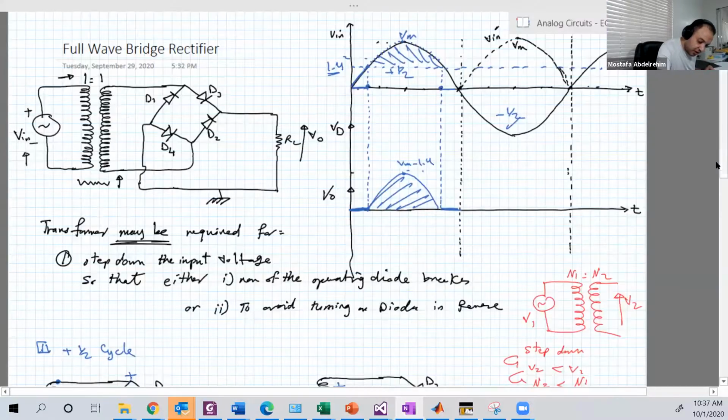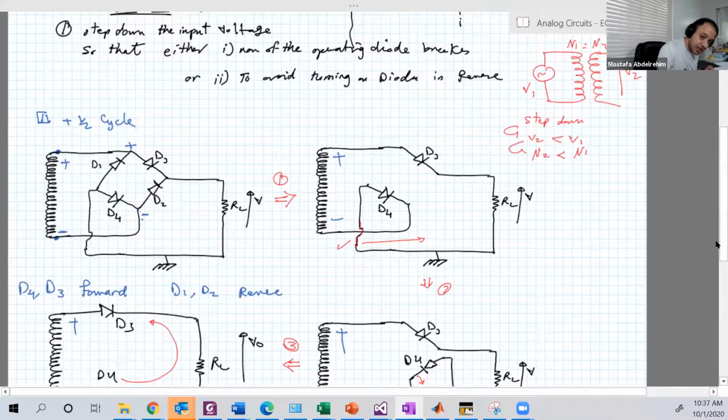So in the positive half cycle, let's follow the current direction. It flows from the positive terminal to the negative terminal. From the positive terminal, very valid because from P to N in D3. Then again from high to low, from this point to the ground, still in the same direction.